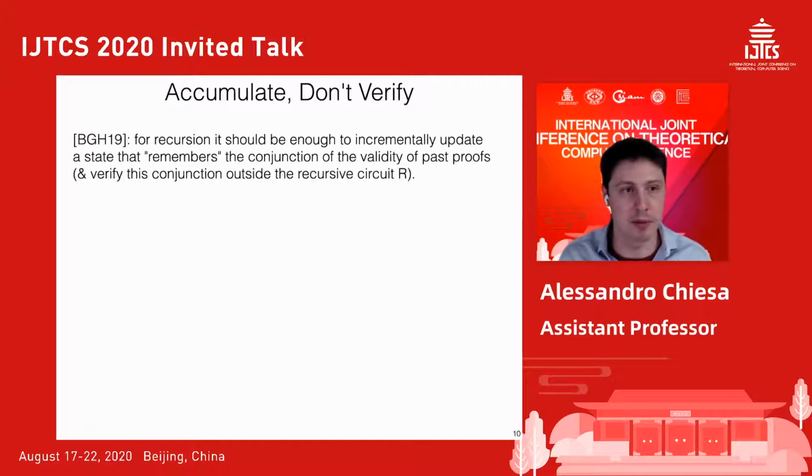Just last year, there was a very nice paper that observed that for recursion, it should be enough to incrementally update a state that remembers the conjunction of the validity of past proofs. You don't really need to check all the past proofs. You just need to remember the conjunction of the validity of the past proofs, and then you can always check this conjunction outside the recursive circuit. This sounds potentially confusing, but we'll have lots of pictures to clarify this.